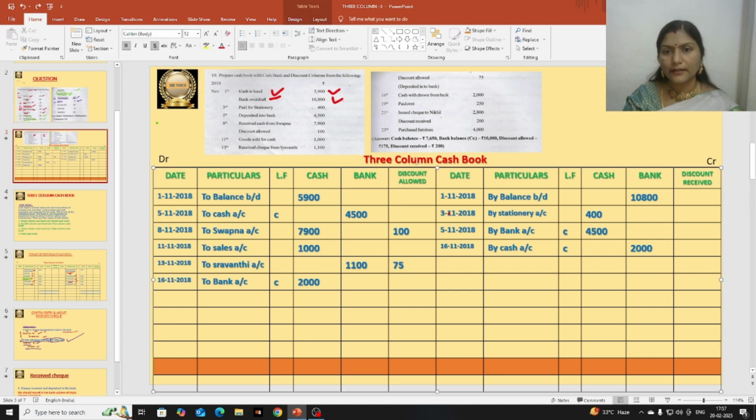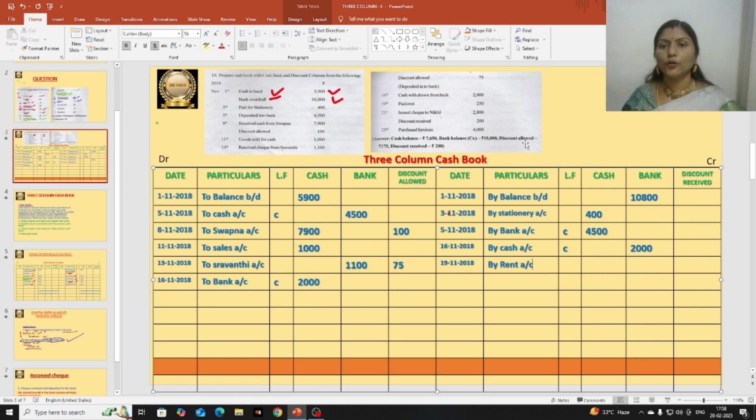What is the date here? Date is 19th date, 19-11-2018. And here in the particulars column we will start with by, what we are paying actually, rent. So rent account. And where will we put the amount?